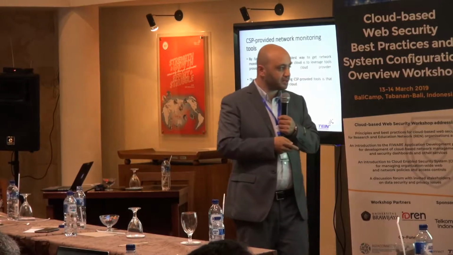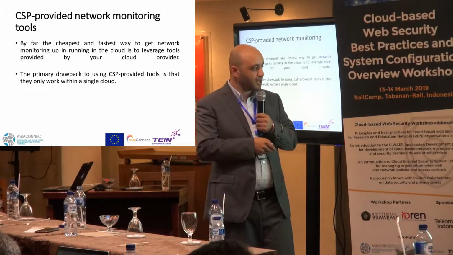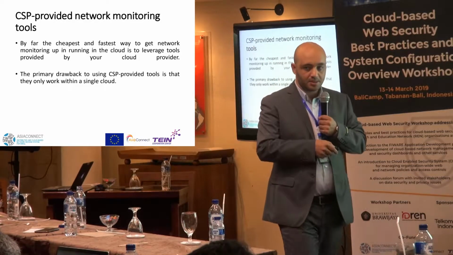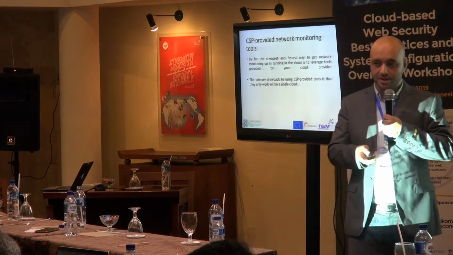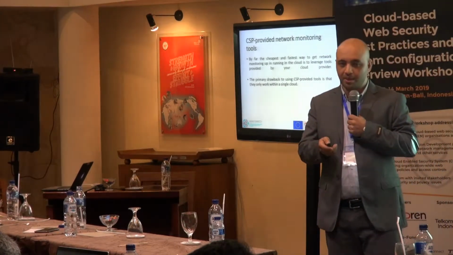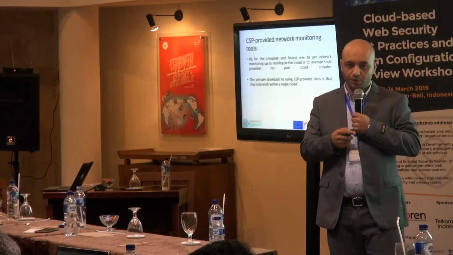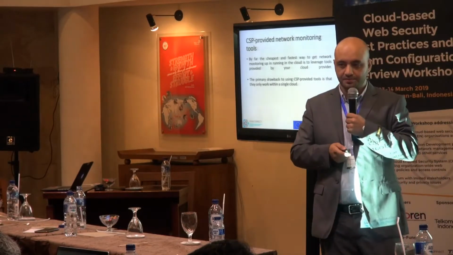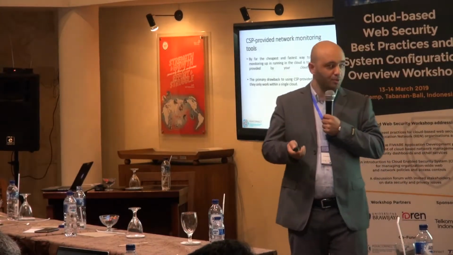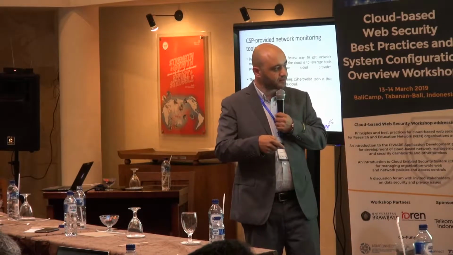But the primary drawback of using CSP-provided tools is that they only work within a single cloud. So if you are talking about multi-cloud or hybrid cloud, that means I will end up managing 2 different cloud monitoring tools. If we are using, let's say, cloud and traditional tools, things will get complicated, because I will use 2 different monitoring tools.